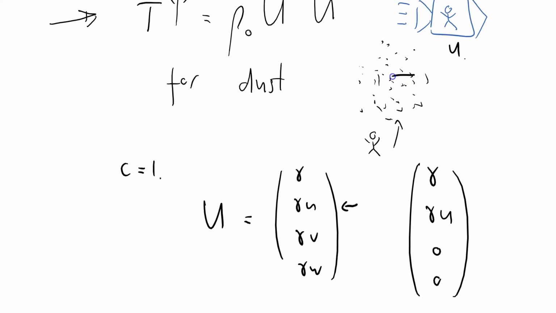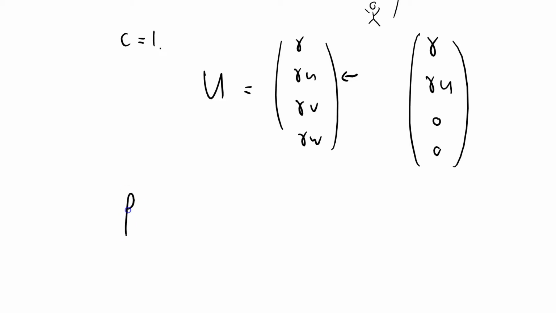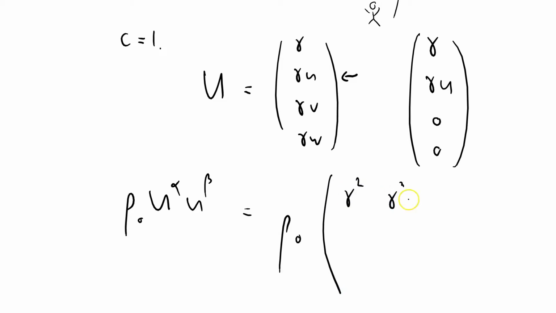Well, I guess relative to him the particles are moving in with a negative velocity, but I'll just draw a veil over that. Rho 0, u alpha, u beta equals rho 0 times this great big matrix here, which is going to be gamma squared, gamma squared u, 0, 0, gamma squared u, gamma squared u squared, 0, 0, and all the rest 0.